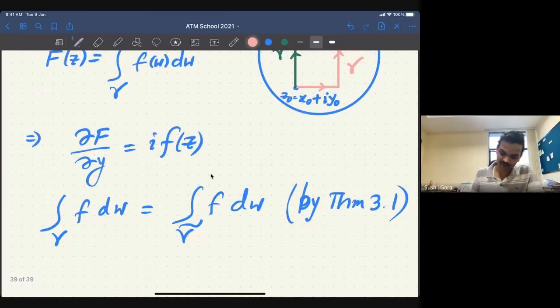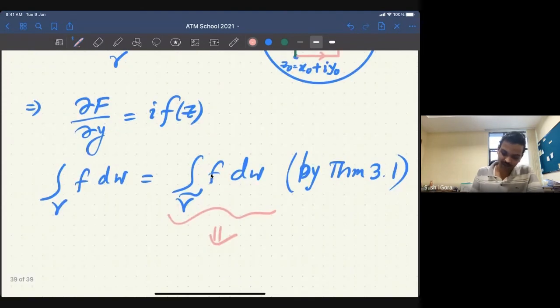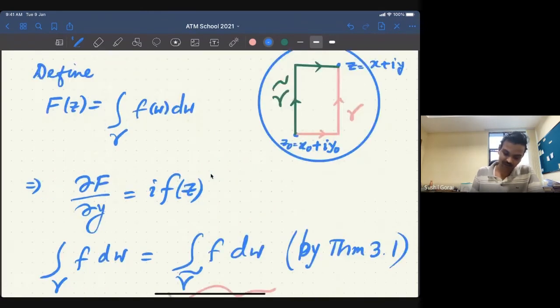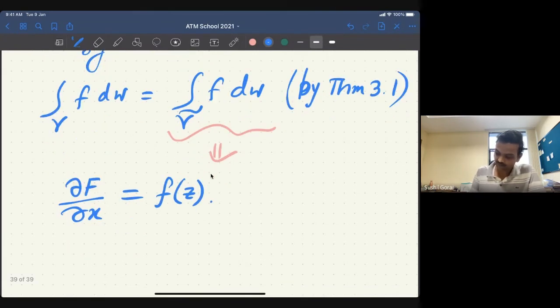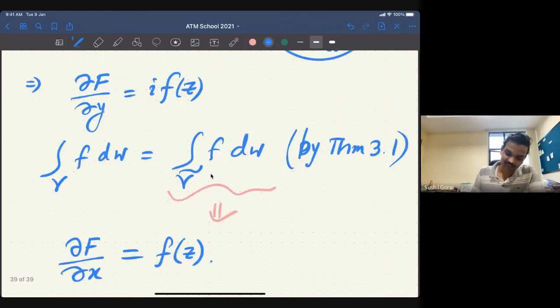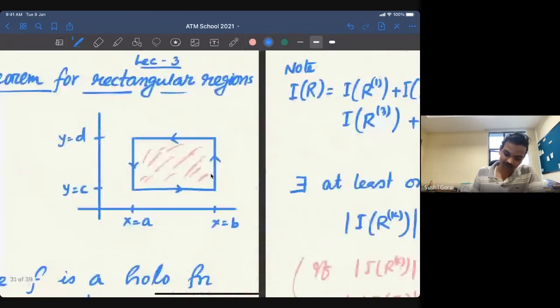And from this part we get, it depends on the input, depends on x actually. So del f by del x would be, you need to calculate if you are a little confused here, so I'll invite you to compute this. This will be f of z. Now what is this? Let me go back to the previous one.